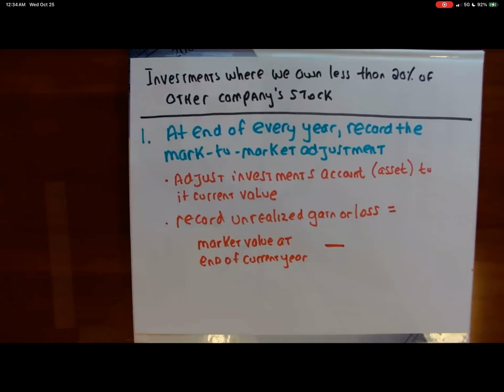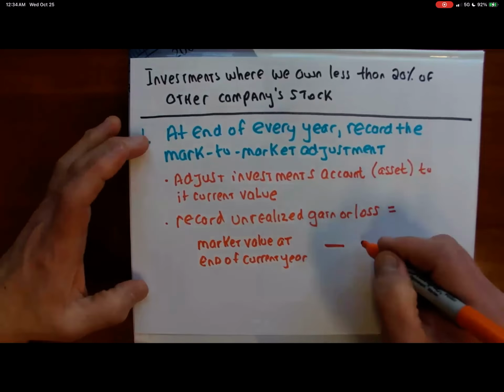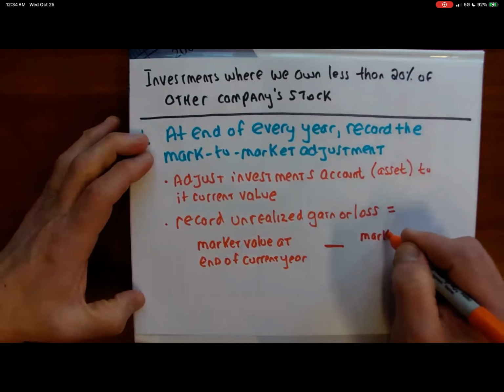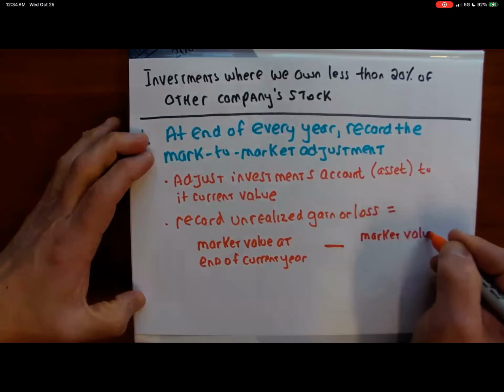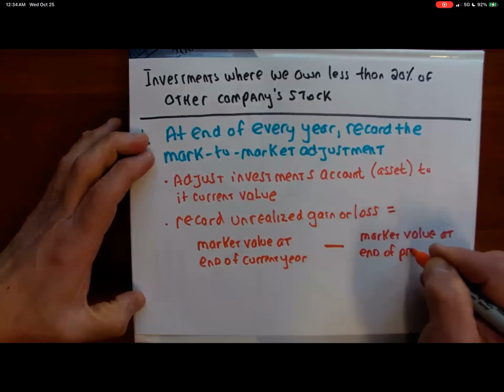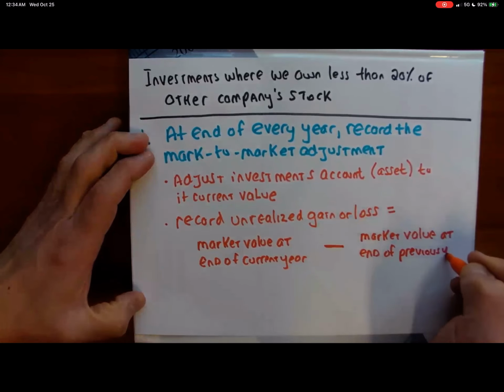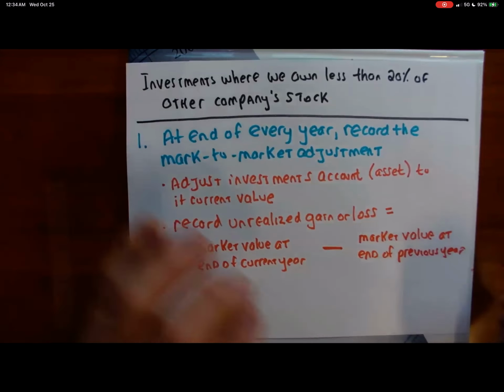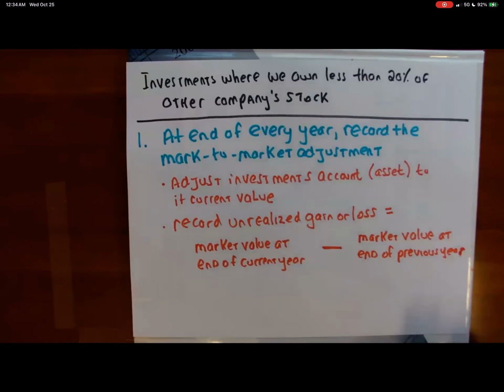What it was worth, say, last year. We'll subtract the market value at the end of the previous year. For example, let's say we own these shares of this company, and at the end of the year, they are worth, say, $10. And at the end of last year, they were worth $6.